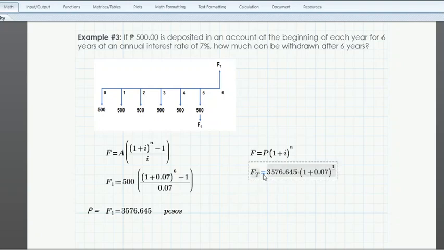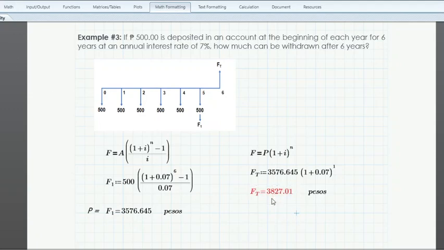Then how much can you withdraw? F sub T is equal to 3,827.01 pesos. So this is our answer. This is the amount you can withdraw in year 6.